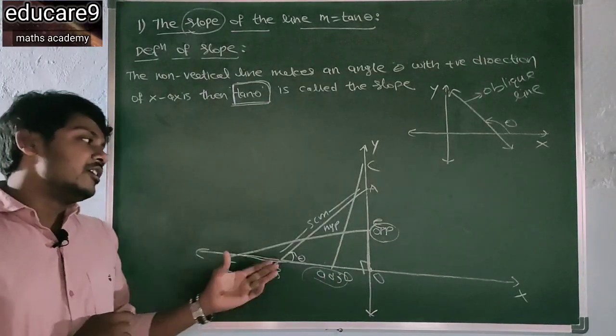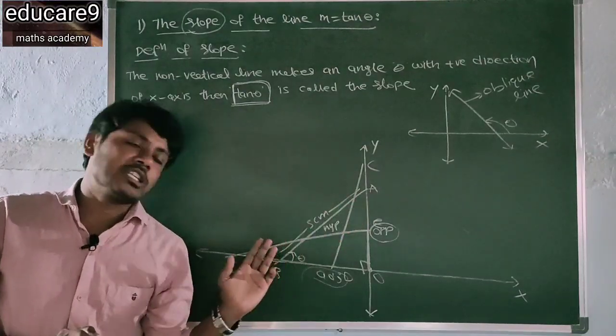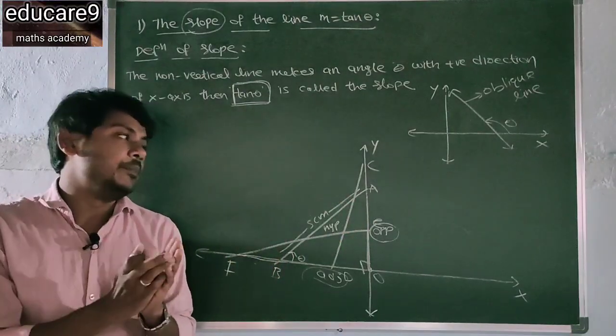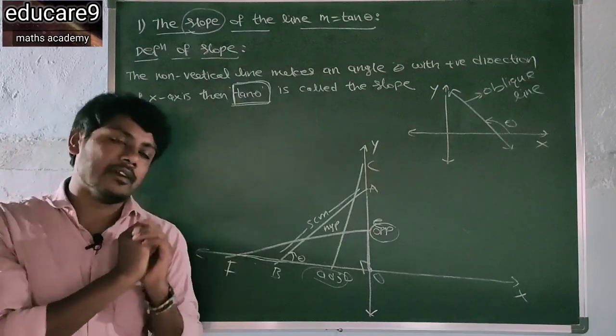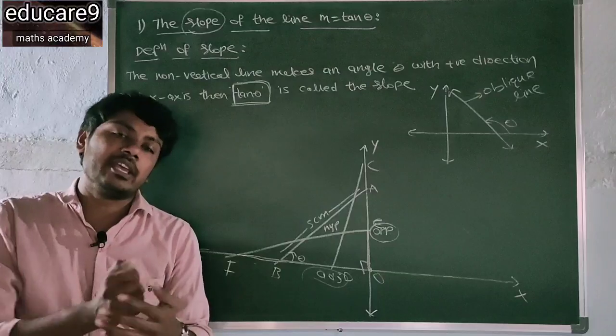So clearly from this we can say that while changing the position of the ladder from AB to CD as well as EF, the opposite and adjacent sides are varying.